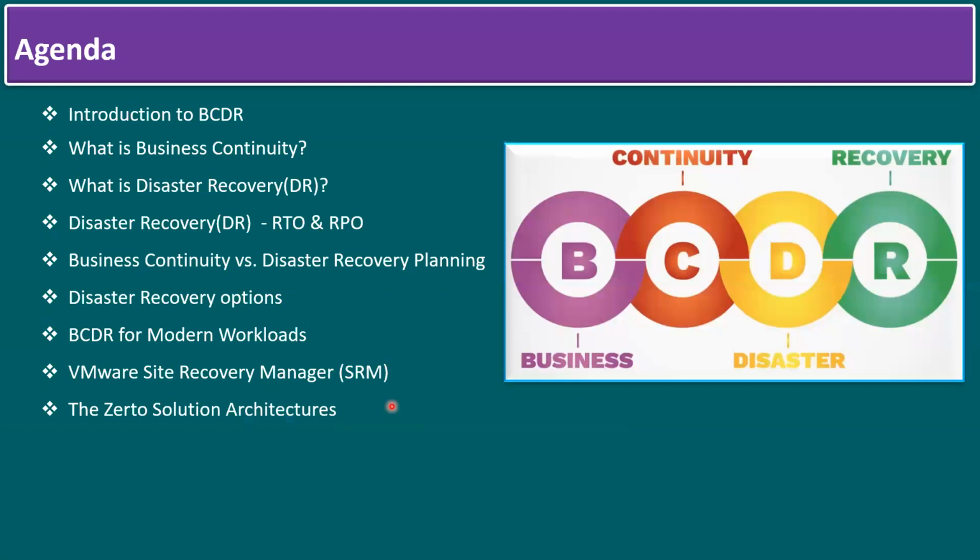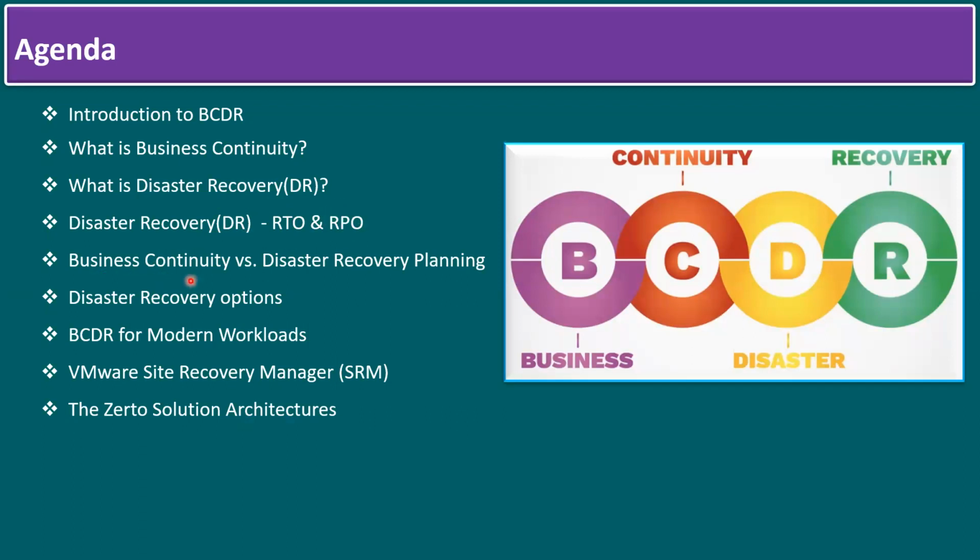So here is the quick agenda. First, we will have a quick introduction to BCDR. BCDR means business continuity and disaster recovery. What is business continuity? What is disaster recovery? And in disaster recovery, the two key important components are RTO, recovery time objective, and RPO, recovery point objective.